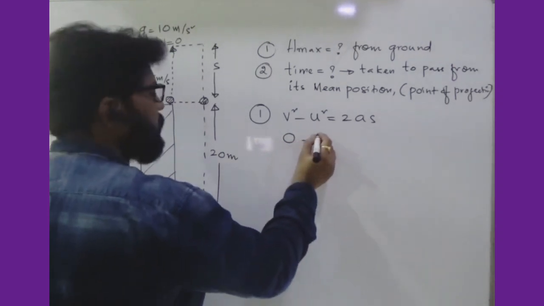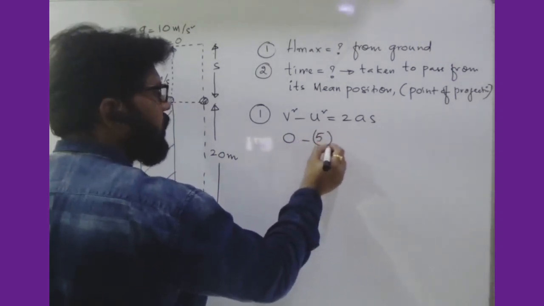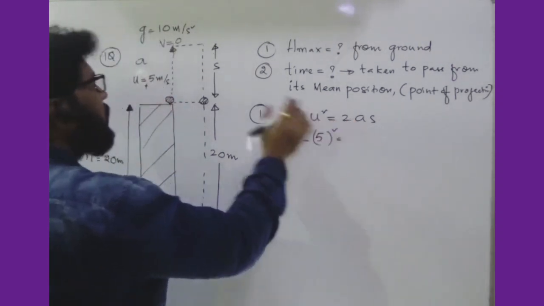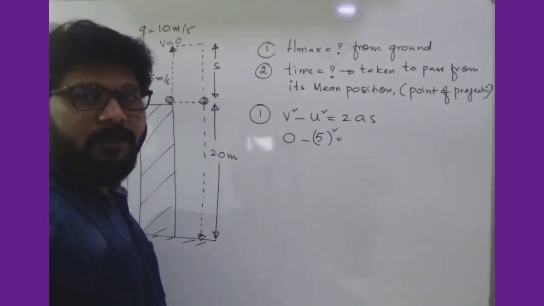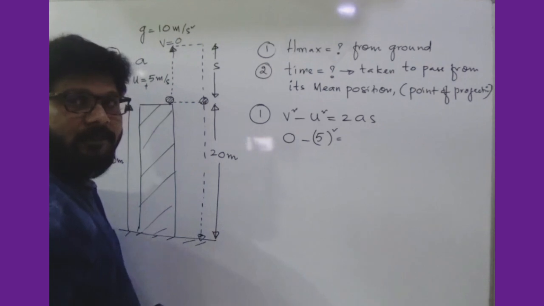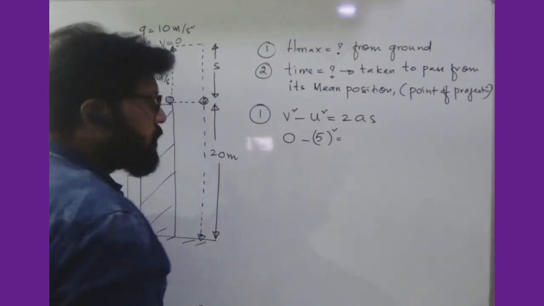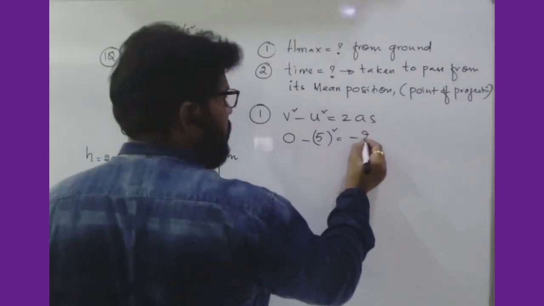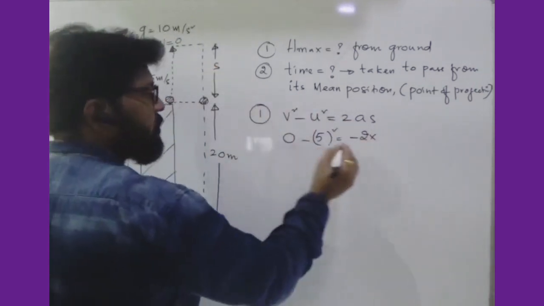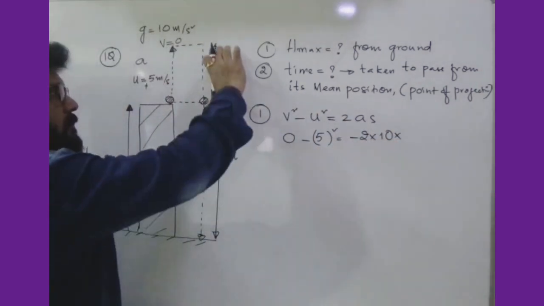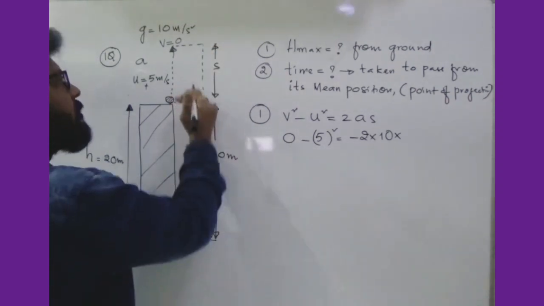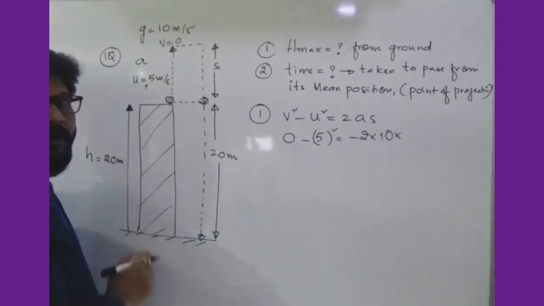So minus 5 whole square is equal to, now a is nothing but g, the acceleration due to gravity. Is it positive or negative? Acceleration due to gravity is negative. So minus 2 into 10 into displacement. This displacement is what we have to calculate, the maximum height from the top of the tower.